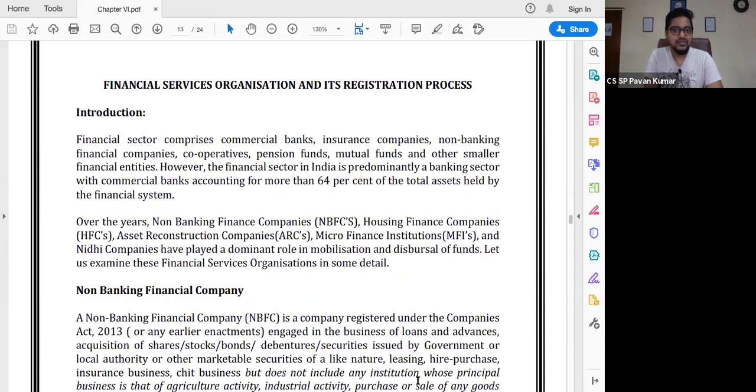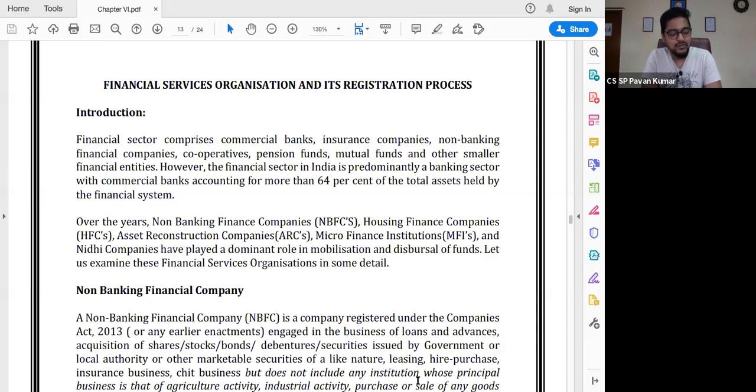It also includes insurance companies, NBFC companies, cooperative societies, pension funds, mutual funds. Even though they are smaller entities, these are also part of financial service organizations. But yes, predominantly 64% of the total assets in the financial system are held by banks and big financial institutions.